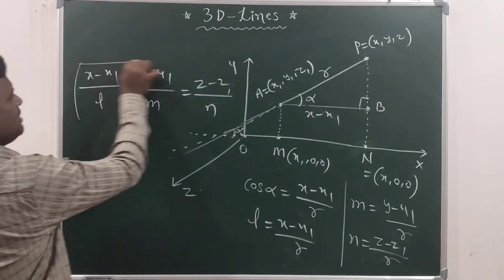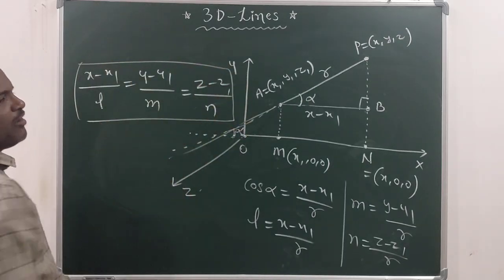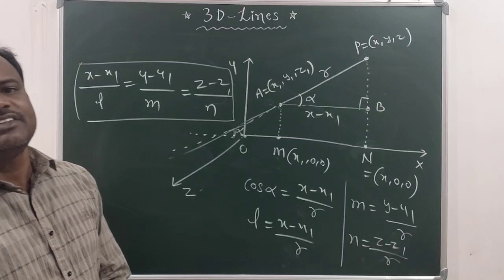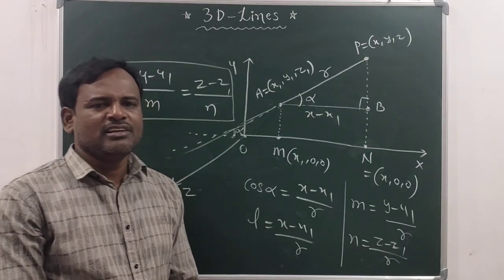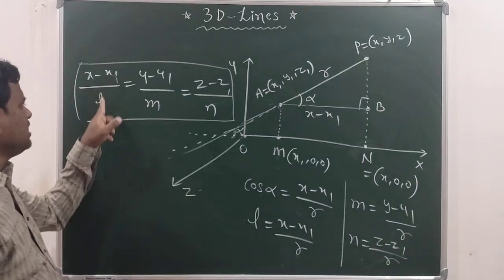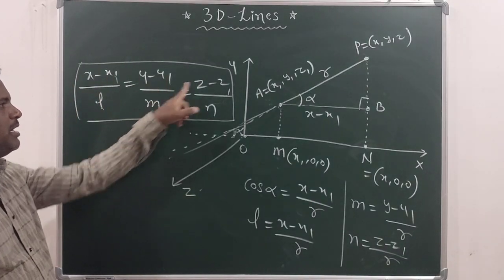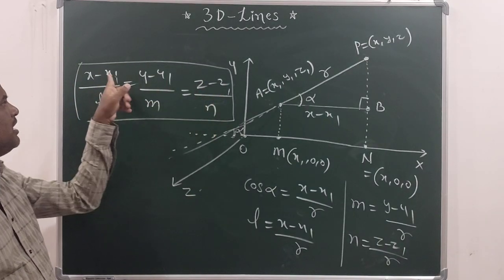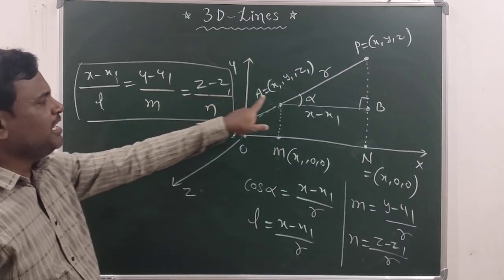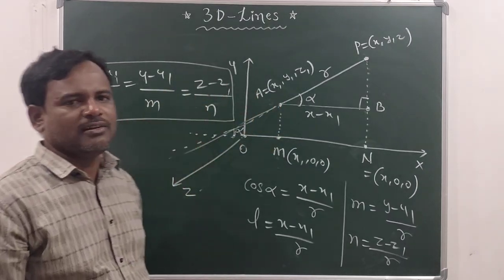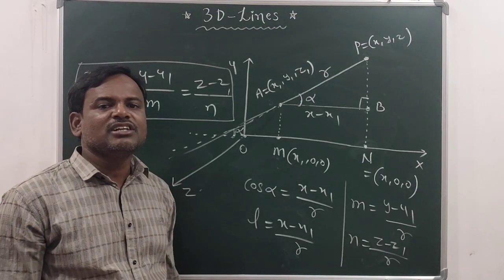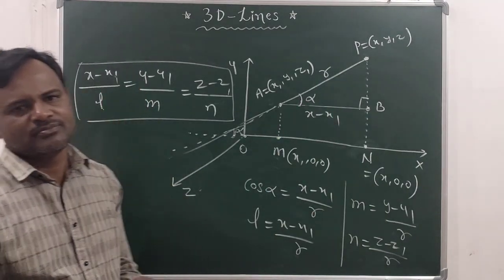So this is known as the standard form of a 3D line, or you can call it the symmetrical form of a 3D line. x minus x1 by l, y minus y1 by m, z minus z1 by n. x1, y1, z1 is any one point on the line, and l comma m comma n are direction cosines of that line.